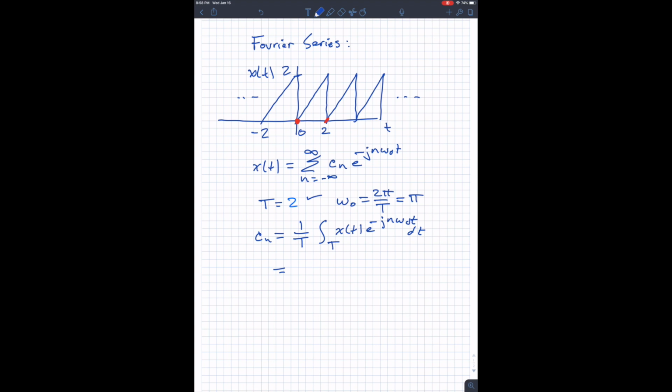So what I need is an analytical function for x of t over one period. And so what you do, and you've practiced before, is you look over that first period, what is that mathematical function? And this is just an equation of a line as a function of t. It's really easy in this case, it's just t. Okay, it's got a slope of 1 and an intercept of 0.